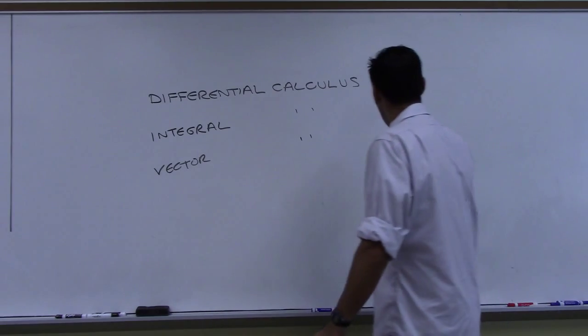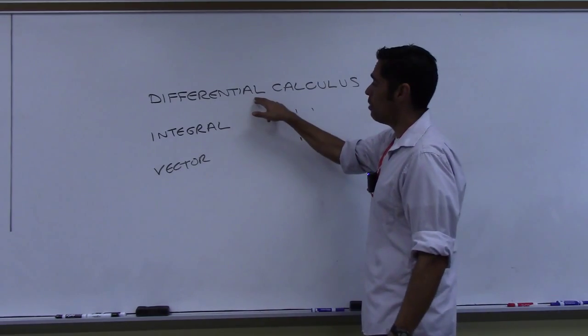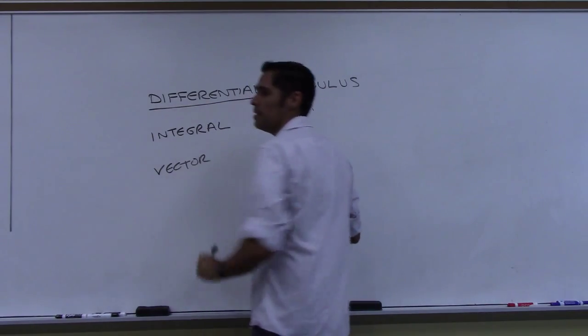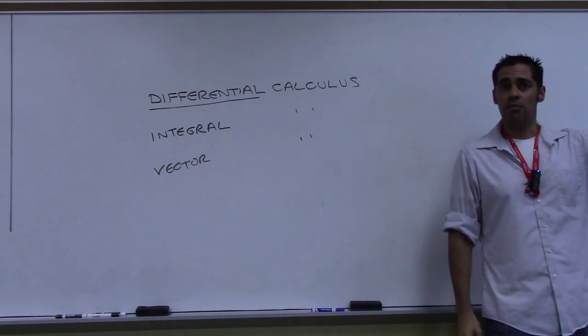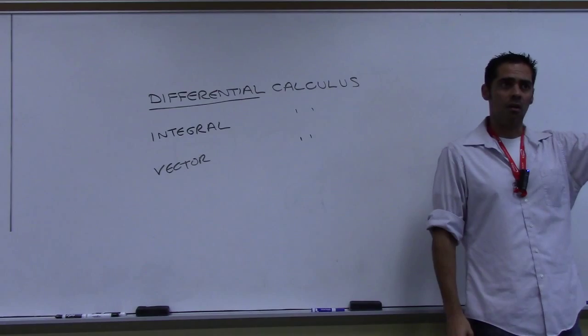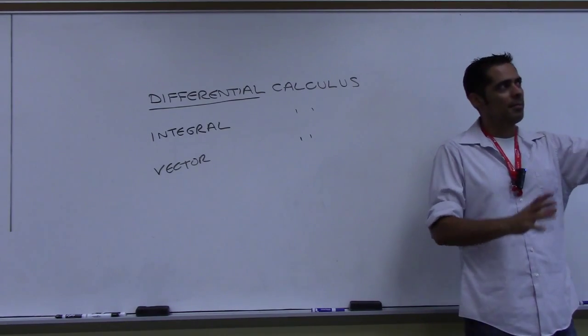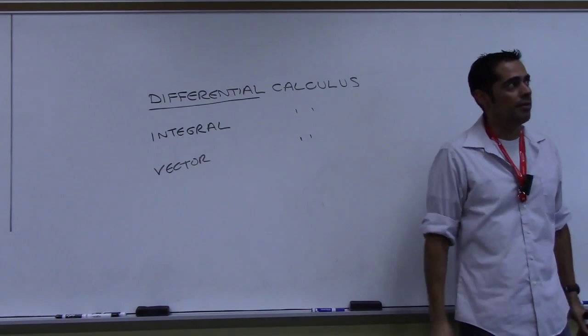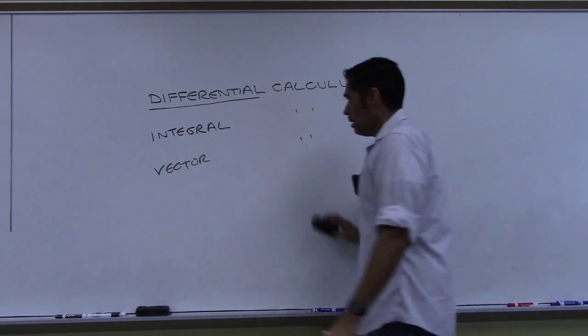All right, so differential calculus is what we're studying, and the word differential comes from the idea of this thing called the derivative. So all of Cal 1 pretty much comes from that one chapter, chapter 2, derivatives. So it's very important.